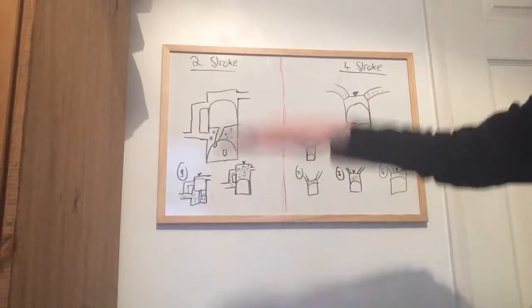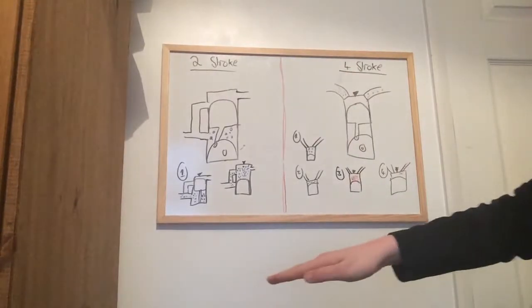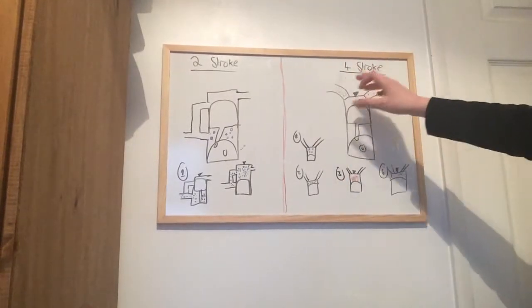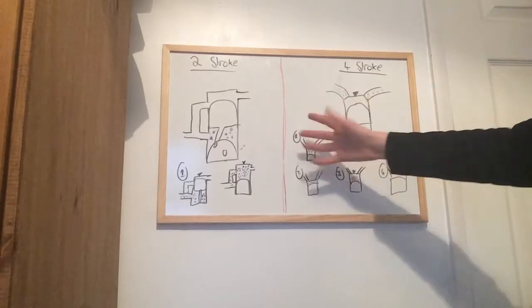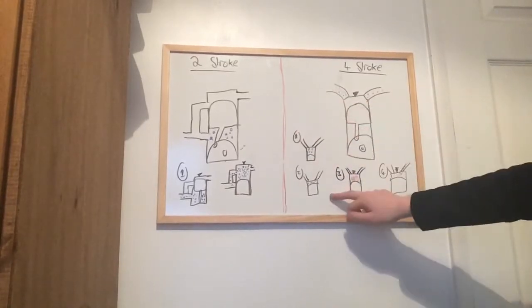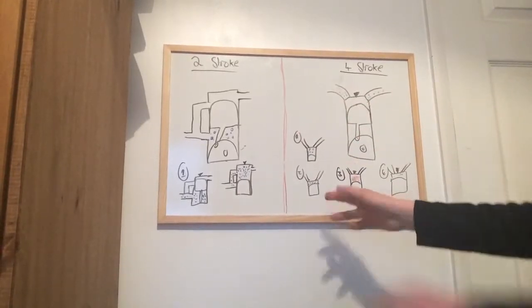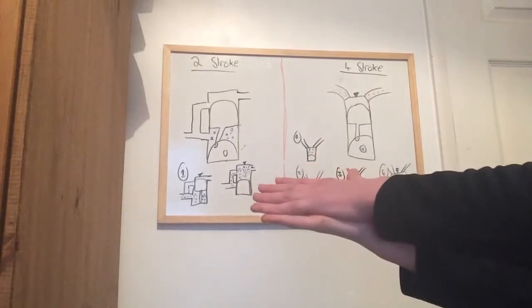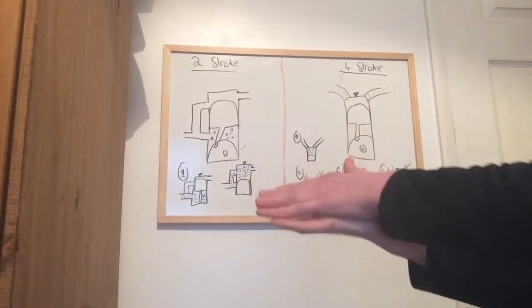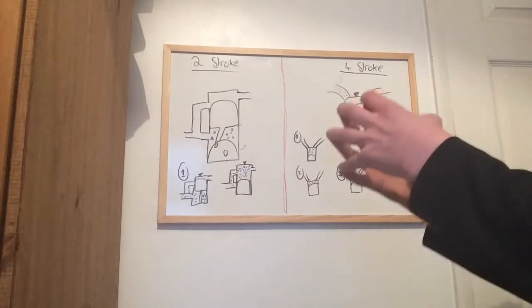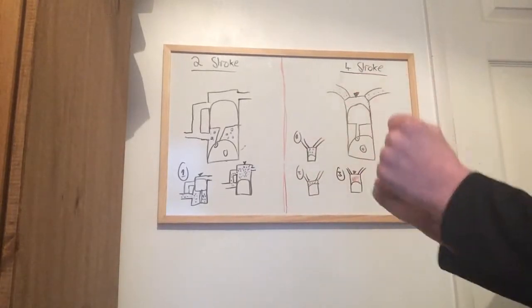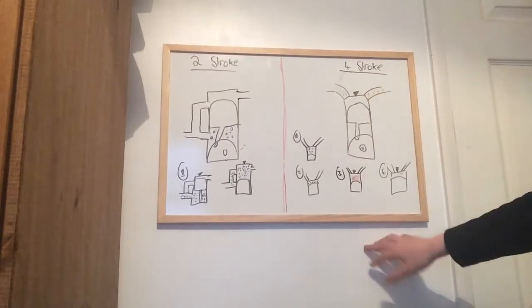Anyway, moving on to the four-stroke. The first stroke is the intake, so the piston goes down, drawing all the air in. The second stage is compression. It squeezes all that fuel and air together to create a nice, tight, flammable mixture.